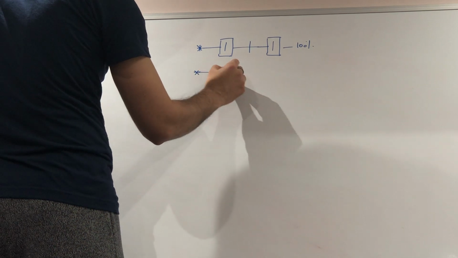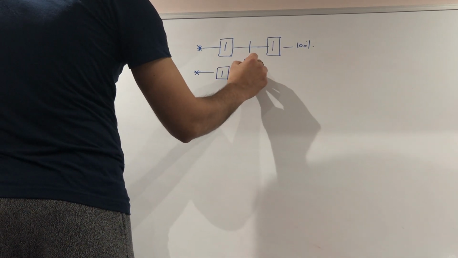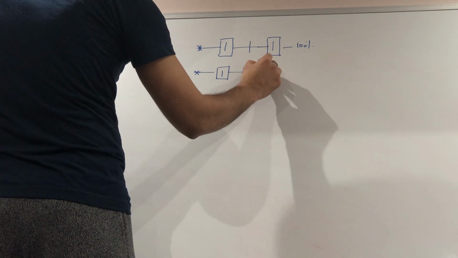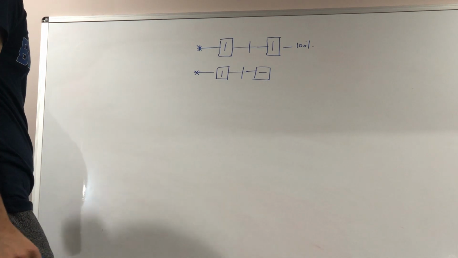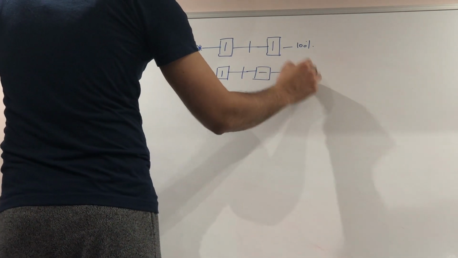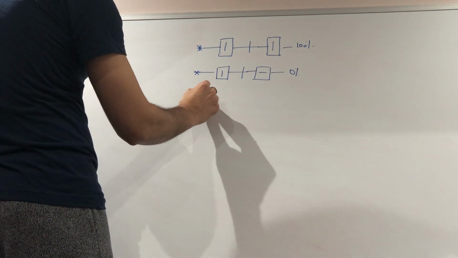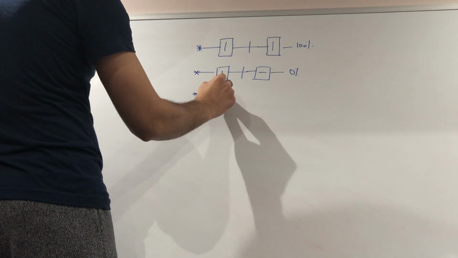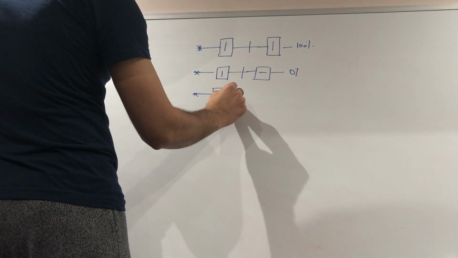In the second case, I'm passing unpolarized light through a Y polarizer. I'll get the output here, and I'll pass it through a horizontal polarizer. I will get no output, right? In the third case, I'm using the same setup.